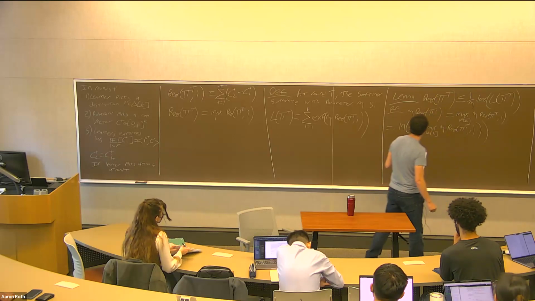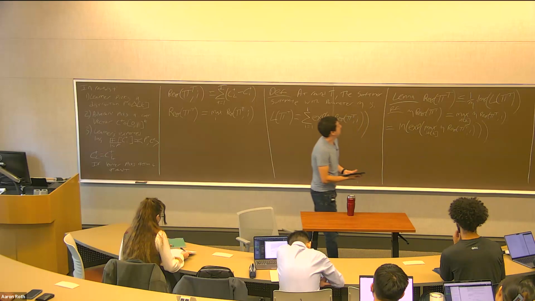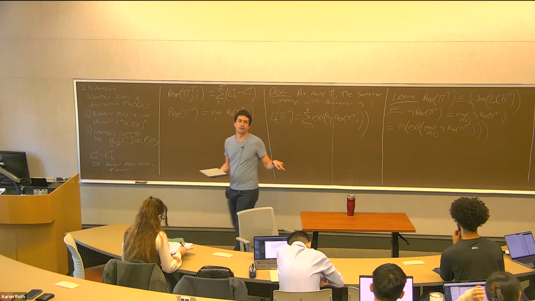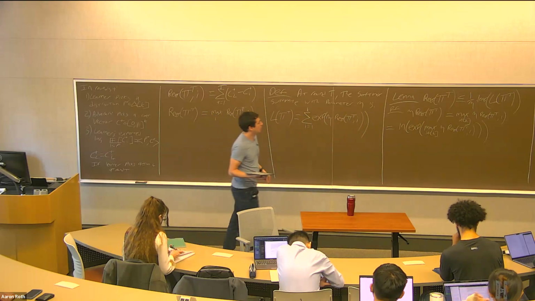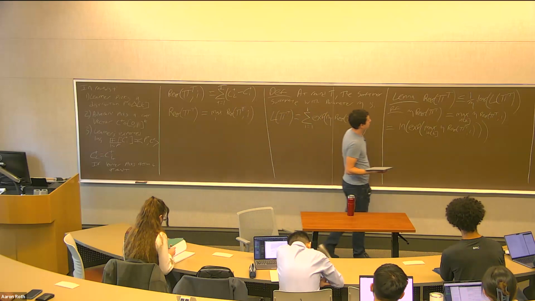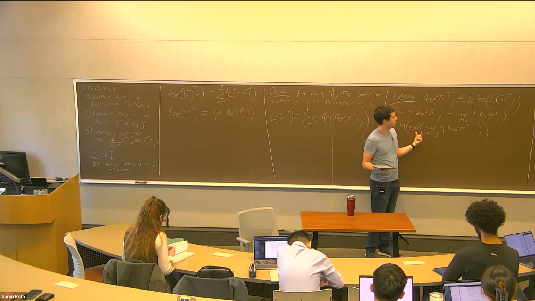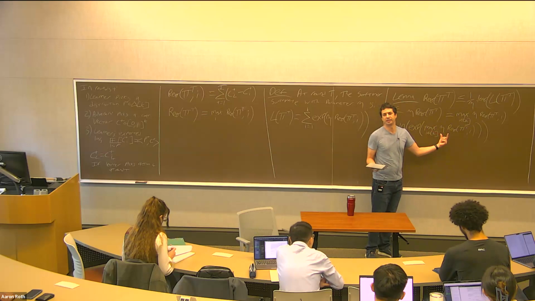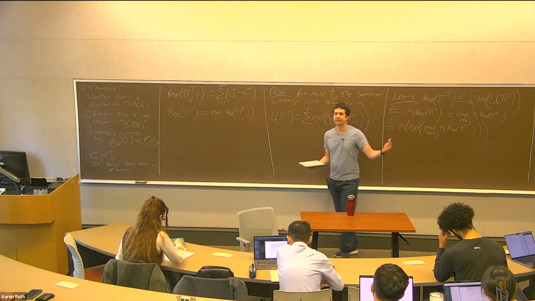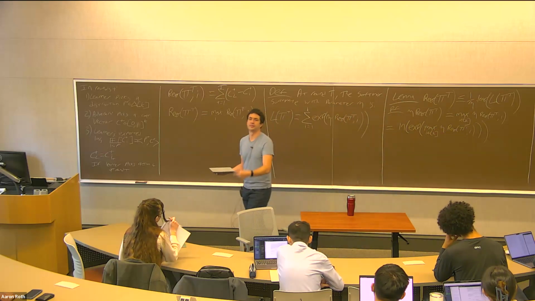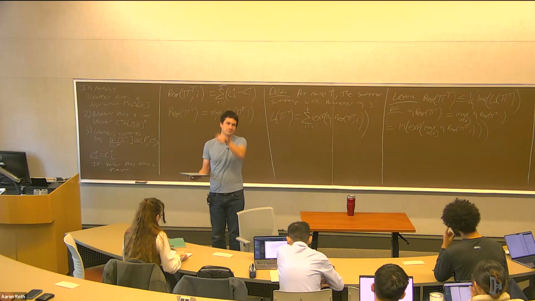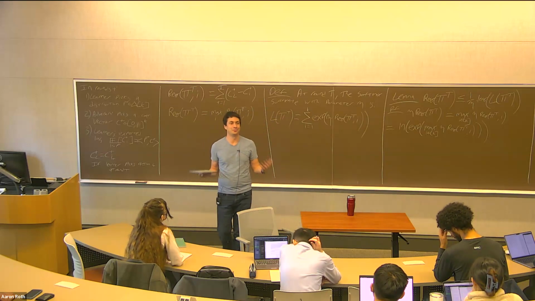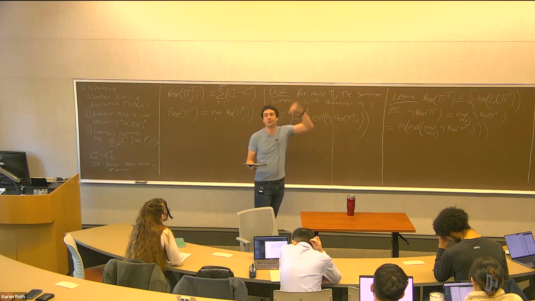And an exponential is a monotone function, right? So the exponential of the max of a bunch of quantities is the same thing as the max of the exponential of each of those quantities, because exponentials are monotone, and so they preserve the relative ordering.